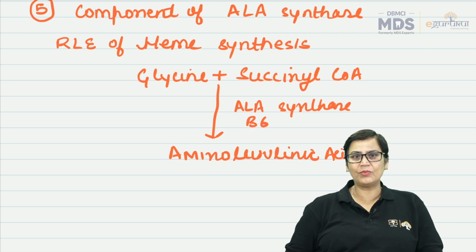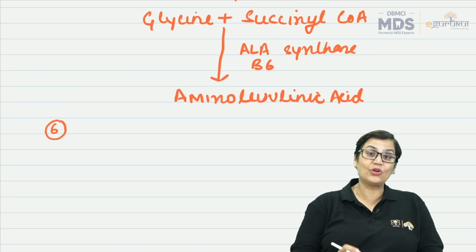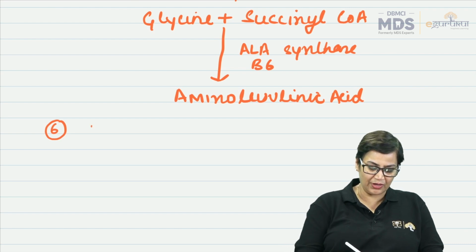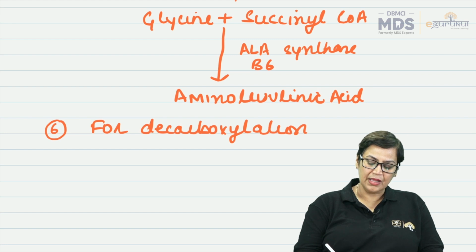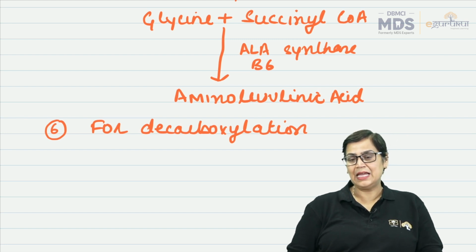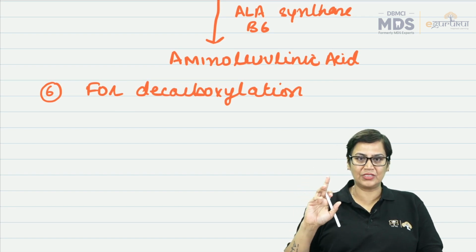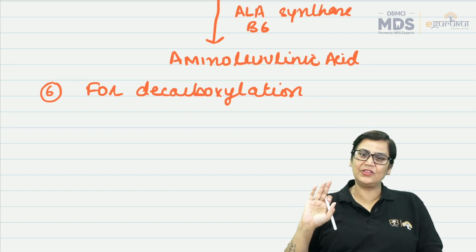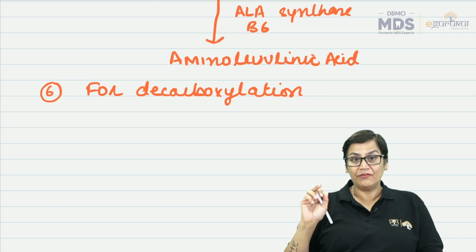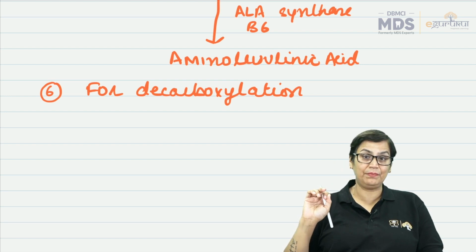Apart from this, it is also a component of decarboxylation, meaning removal of carbon dioxide. Now look, most students get confused between decarboxylation and oxidative decarboxylation. Whenever decarboxylation occurs in our body, it is with the help of PLP. But whenever oxidative decarboxylation is mentioned, it has to be TPP.